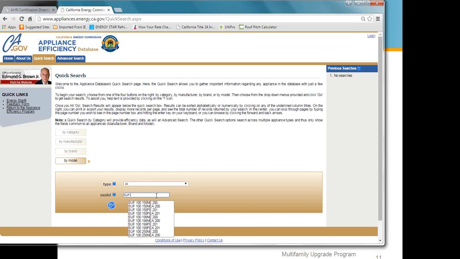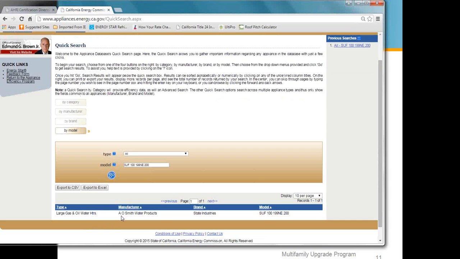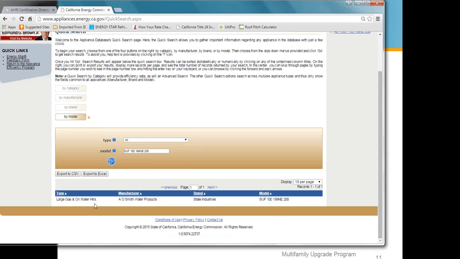So for instance, we have the SUF 100, 199. See how it brings up a bunch of different model numbers. You can click on one, and it'll tell you where that's at. So you don't have the details you need right here, but you know that the model number exists in their database, and then you have your type, manufacturer, brand, and model.